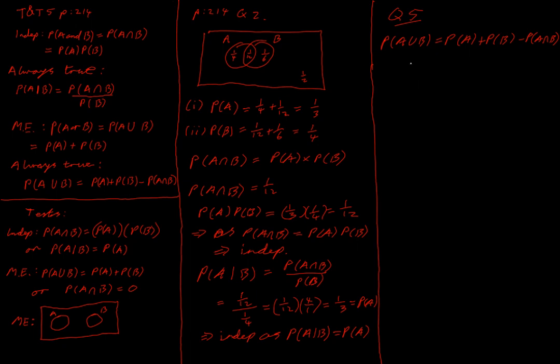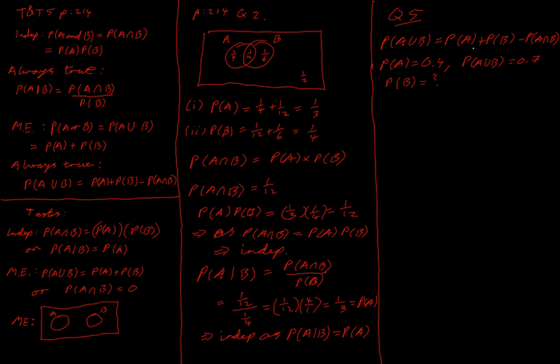So let's write down what information they've given us. We have the probability of A is equal to 0.4, the probability of A union B is equal to 0.7, and we are asked for the probability of B. Now we should be able to sub into this formula up here to make some progress, but we don't have enough information.